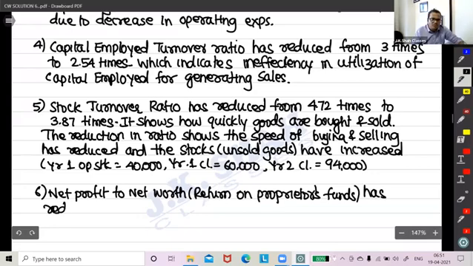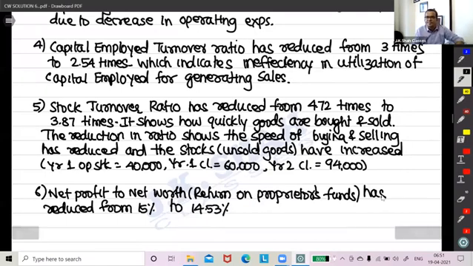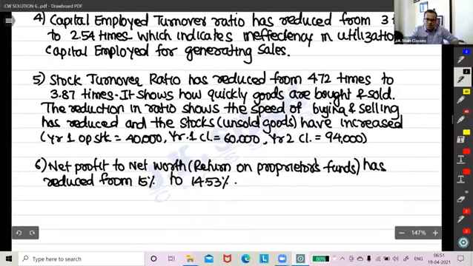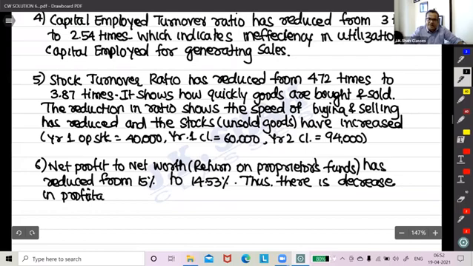Has reduced from 15% to 14.53%. Thus, there is a decrease in profitability.